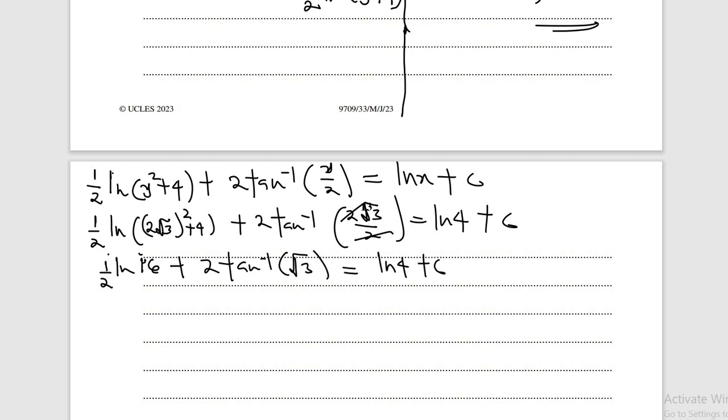So don't forget that 1/2 ln 16 can be written as 1/2 ln 4², plus 2 arctan of √3.